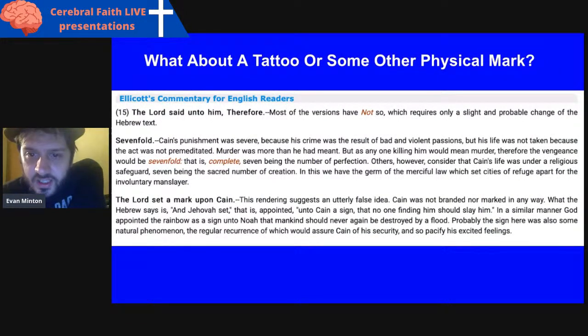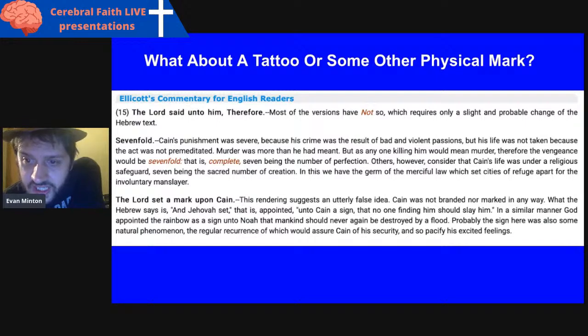Ellicott's Commentary for English Readers says, "The Lord said to him, therefore." Most of the versions have "not so," which requires only a slight and probable change of the Hebrew text. Sevenfold. Cain's punishment was severe because his crime was the result of bad and violent passions, but his life was not taken because the act was not premeditated.